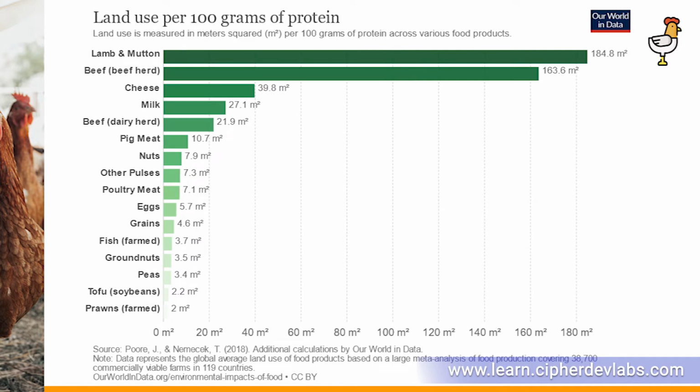Moving on, let's talk about the land use per 100 grams of protein. The highest is lamb and mutton with 184.8 square meters of land per 100 grams of protein. Next we have beef with 163.6 square meters, and then cheese with 39.8 square meters.